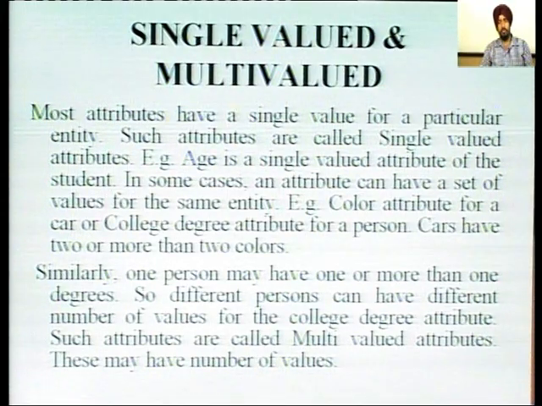A car may have two or more colors. Similarly, one person may have one or more than one degree. So different persons can have different numbers of values for the college degree attribute. Such an attribute is called a multi-valued attribute.